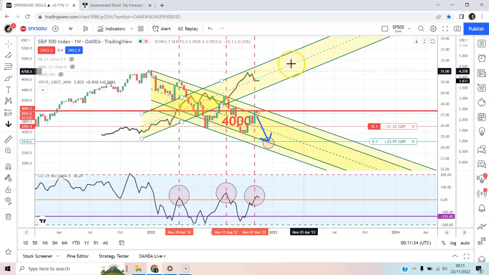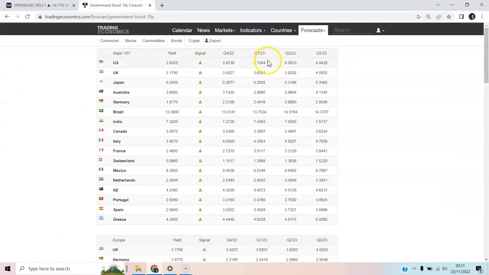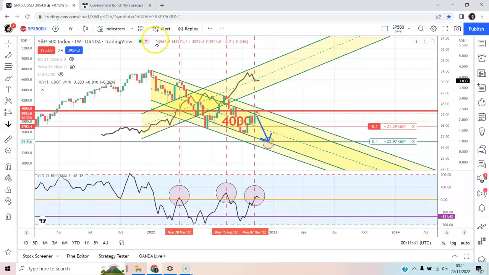But then it says that by quarter 3 it's 4.4, so June onwards would be here, and that would be 4.4, so actually lower than that parallel channel, about here, just below that.